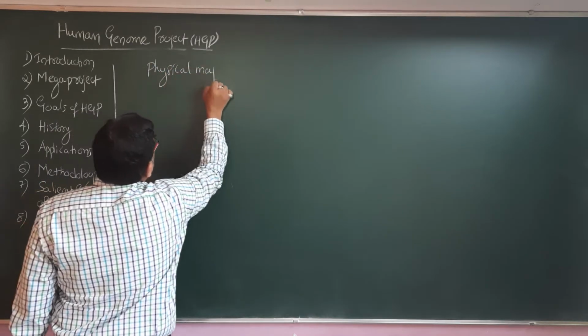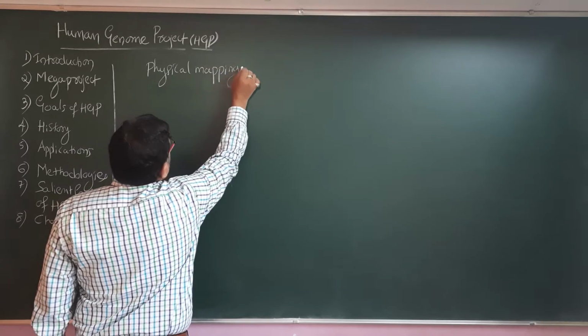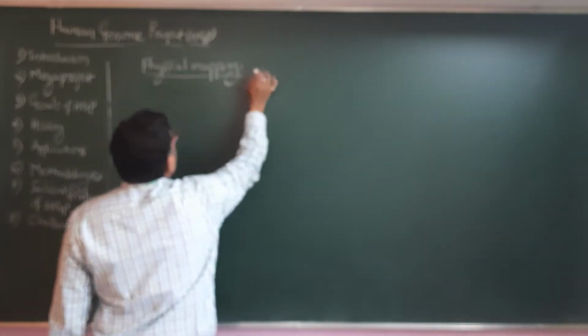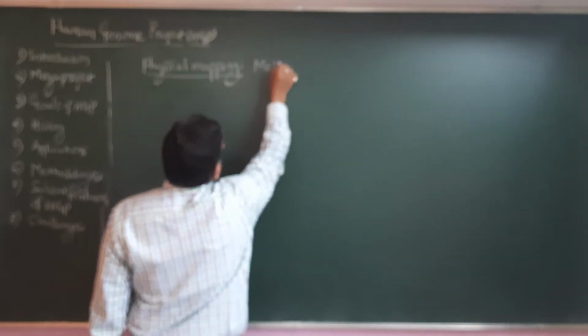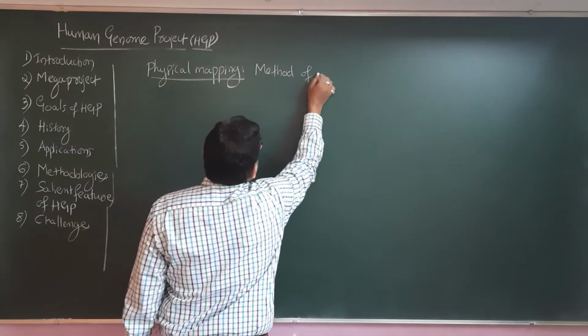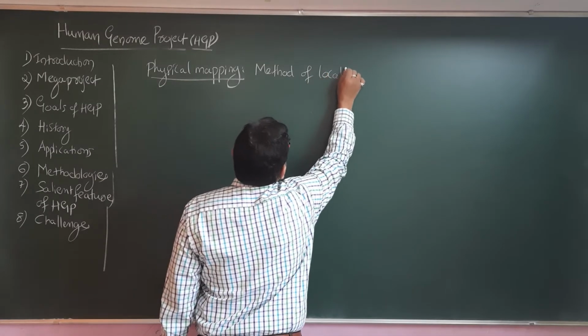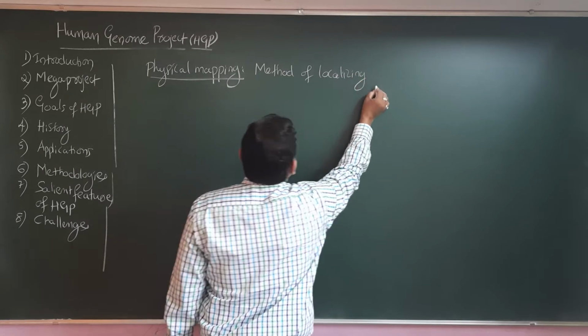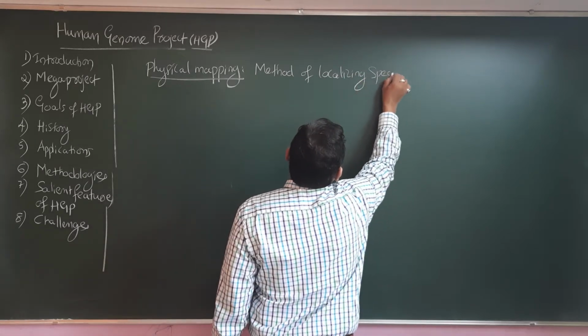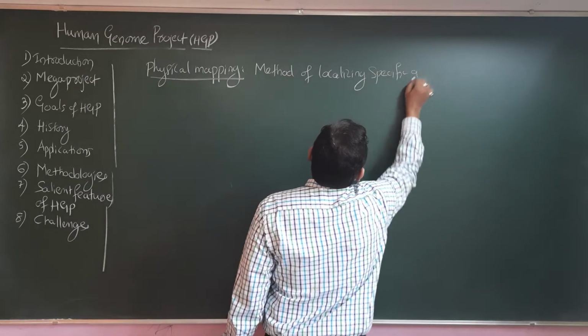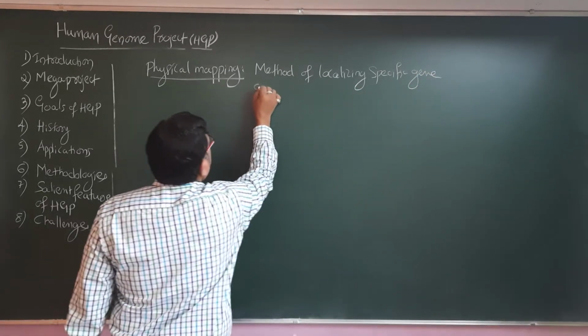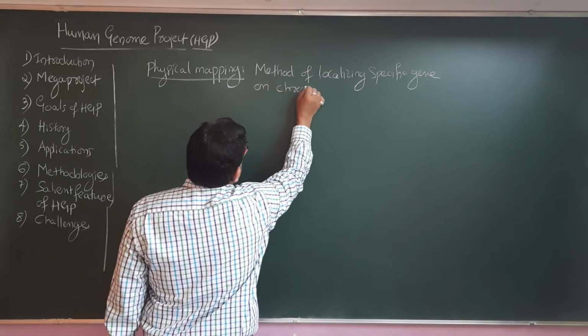Physical mapping is the method of localizing a specific gene on a particular chromosome.